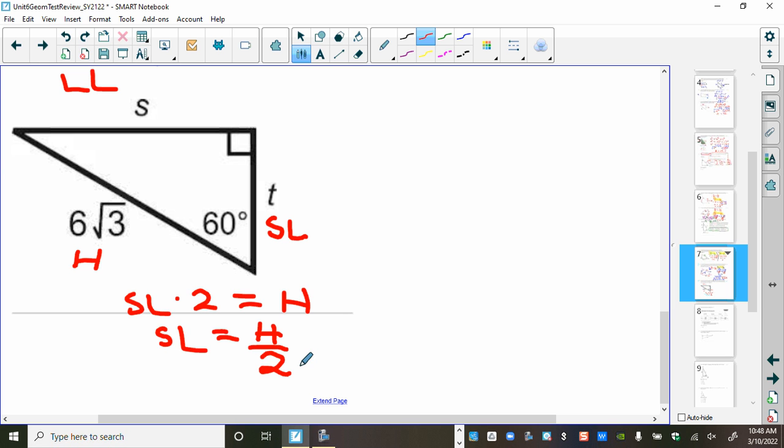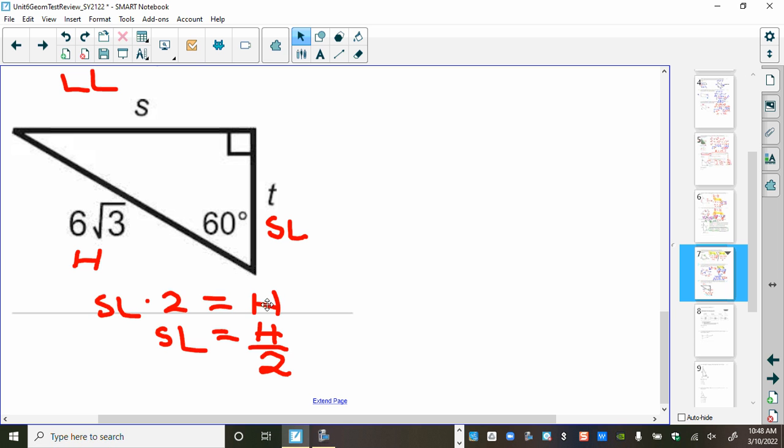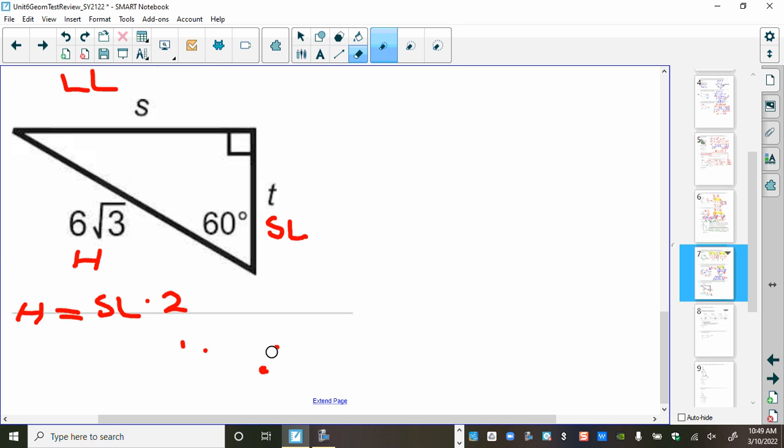So if you want to go from hypotenuse to short leg, I'm going to write it the other way. This might be easier for some of us. I'm going to rewrite it, but not by much. I'm going to just switch the order. So the hypotenuse, we agree, is the short leg times 2, right? So if we want to get the short leg by itself, we divide the hypotenuse by what number?